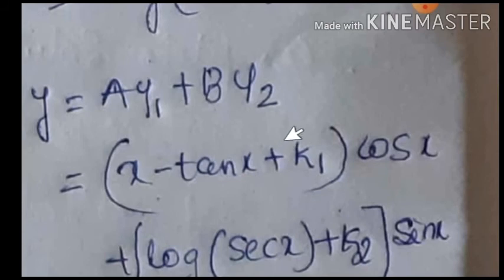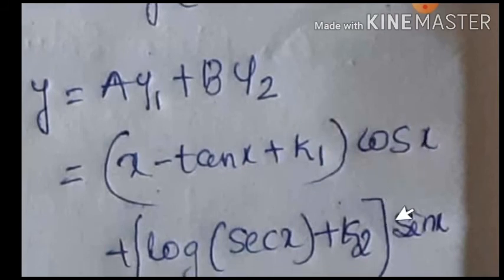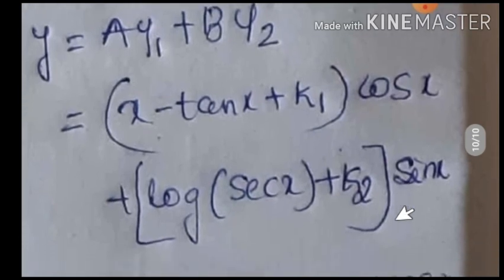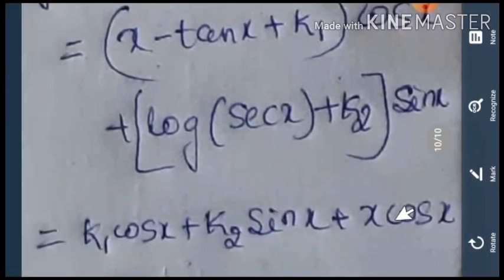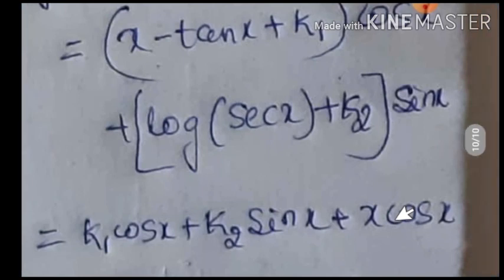So first write down the constant terms, k1 cos x plus k2 sin x, in the final answer. And here multiplied with the bracket term: x into cos x minus tan x into cos x.